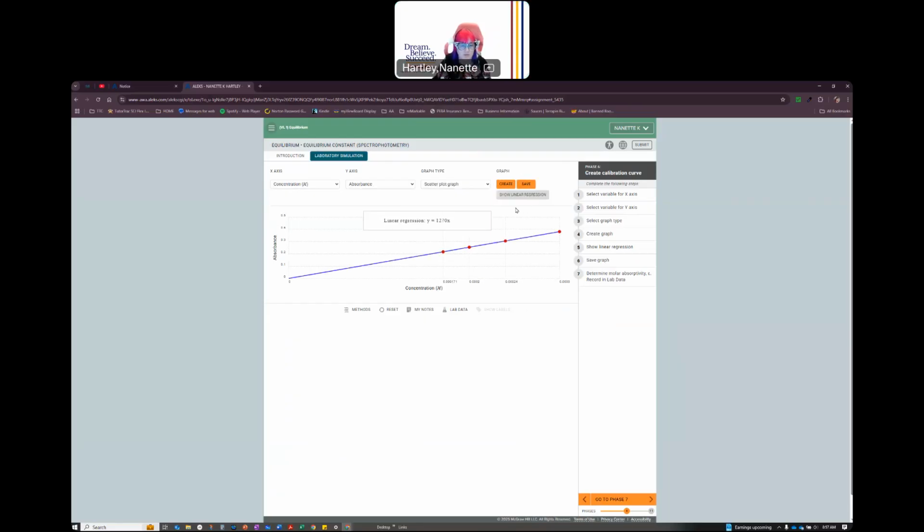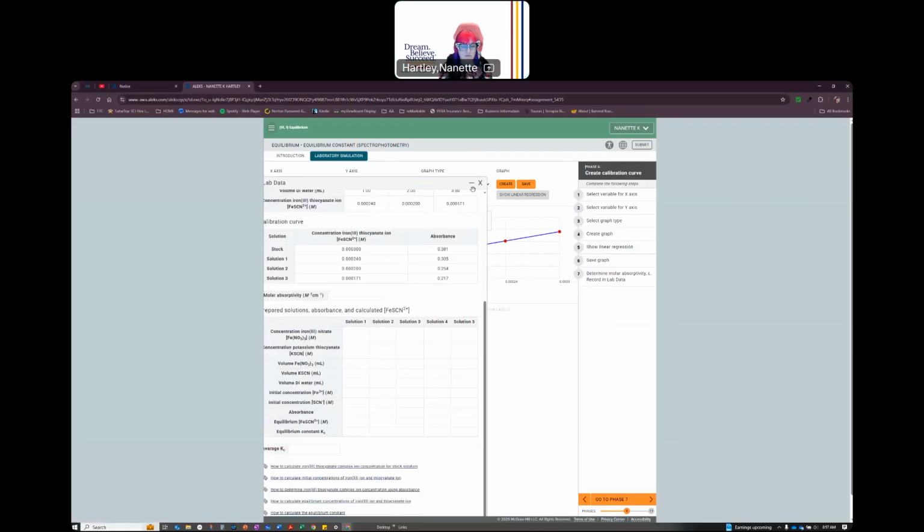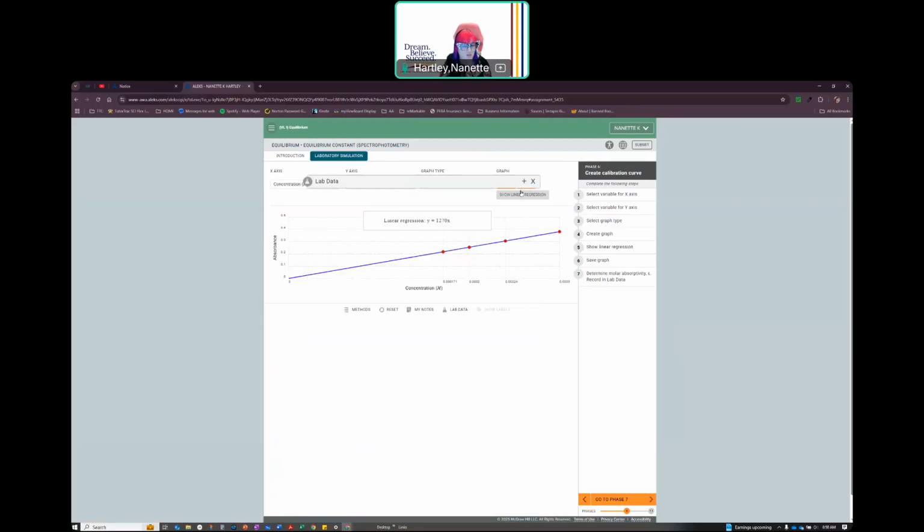Show linear regression. Okay. Y equals 1270x. And that 1270 is my molar absorptivity. It's the slope of the line. Cool.